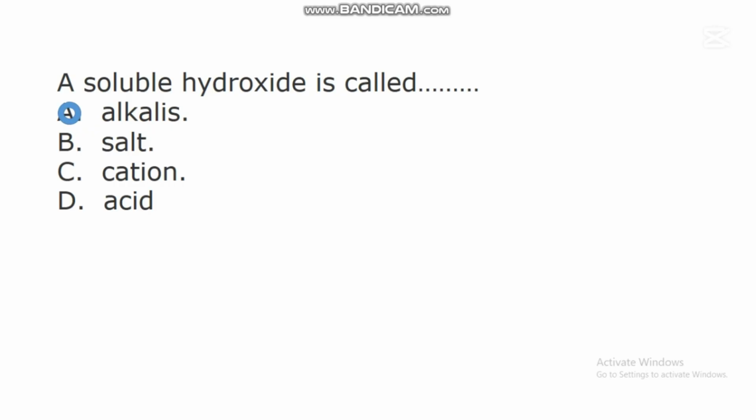Studies have shown that there are some bases that are highly soluble in water. These soluble hydroxides are called alkalis. So all the bases that can dissolve in water, they are called alkalis.